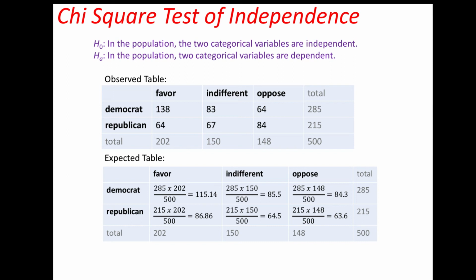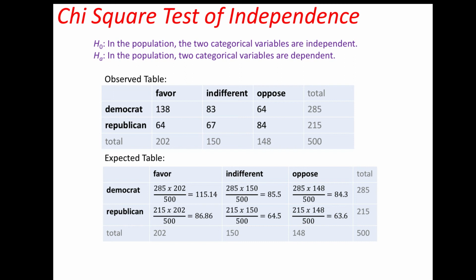Taking what we know of independent events, we would be saying that the sample counts should show a similarity on opinions of tax reform between Democrats and Republicans. If you find the proportion of each cell by taking a cell's expected count divided by its row total, you will discover that in the expected table, each opinion proportion is the same for Democrats and Republicans.